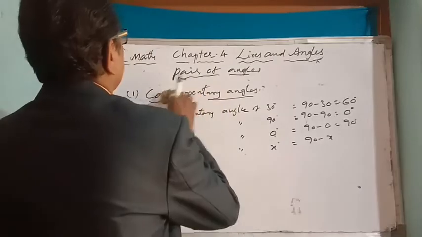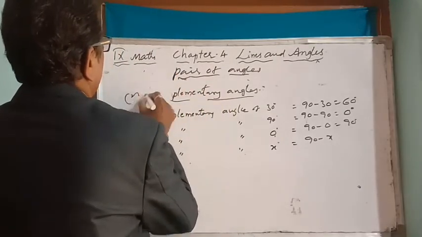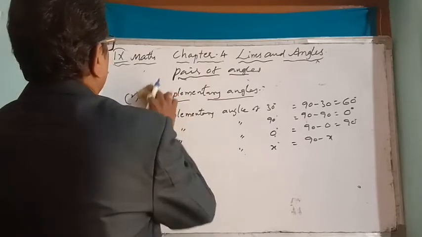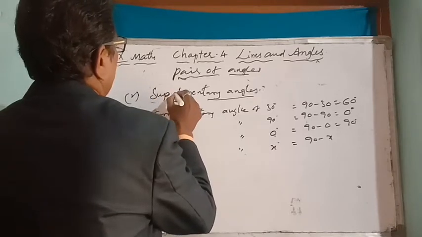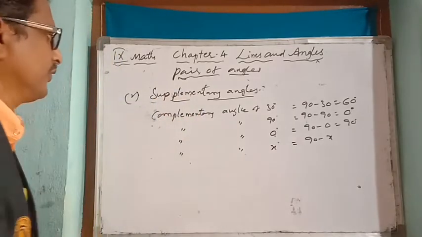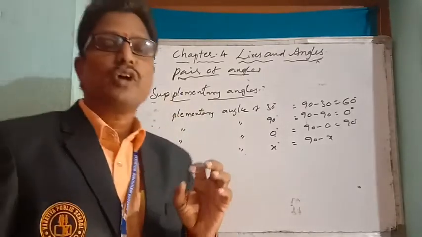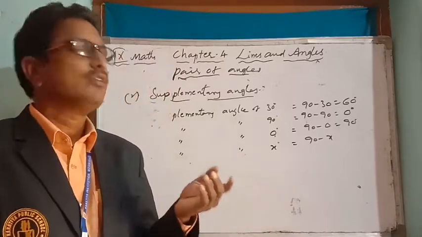Next, supplementary angles. What are supplementary angles? If the sum of two angles equals 180 degrees, they are called supplementary angles.